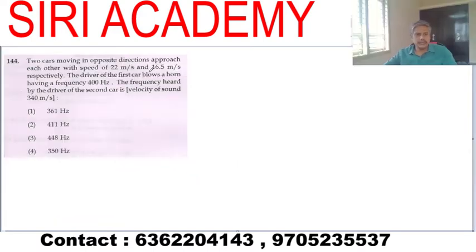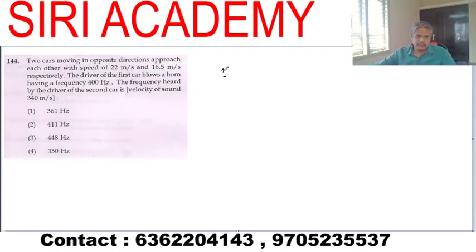So this is a question related to Doppler effect. Question number 144. Two cars moving in opposite directions approach each other with speeds of 22 meter per second and 16.5 meter per second respectively. The driver of the first car blows a horn having a frequency 400 Hz. The frequency heard by the driver of the second car is?